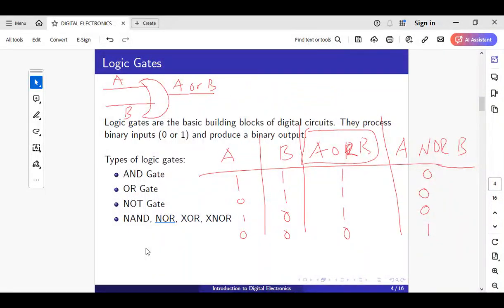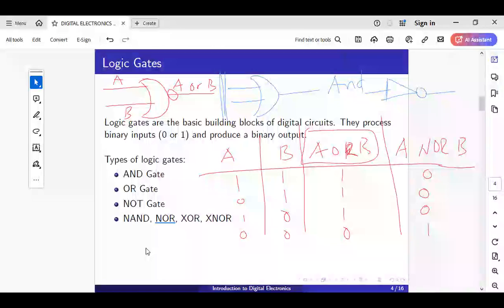I'm combining the OR gate and the NOT gate, combining this and that symbol. So that is what we get.